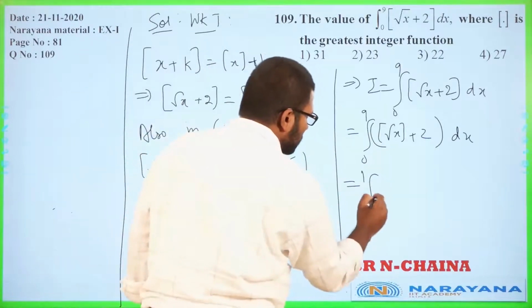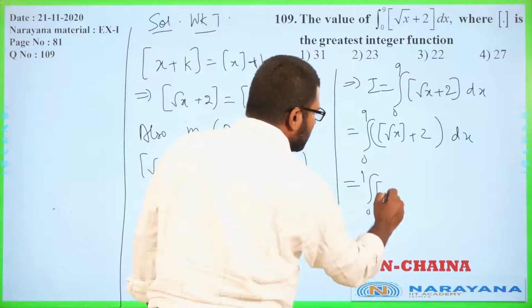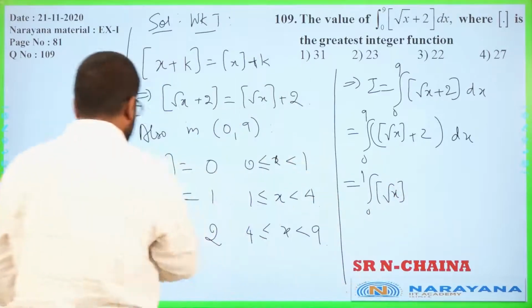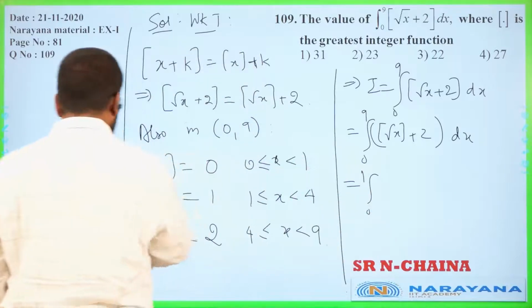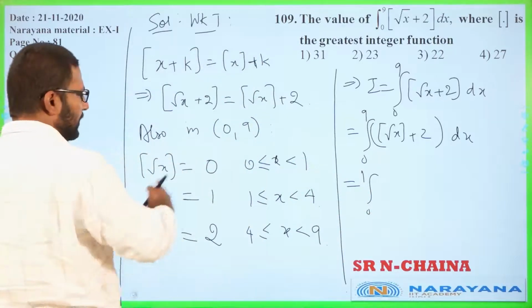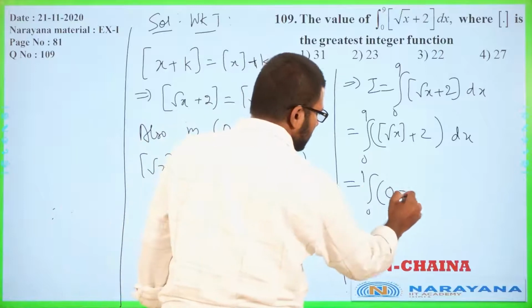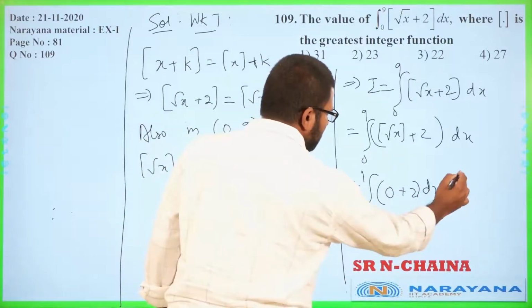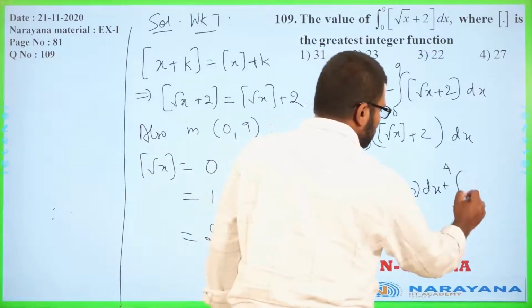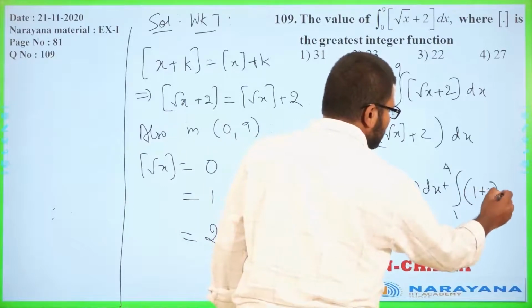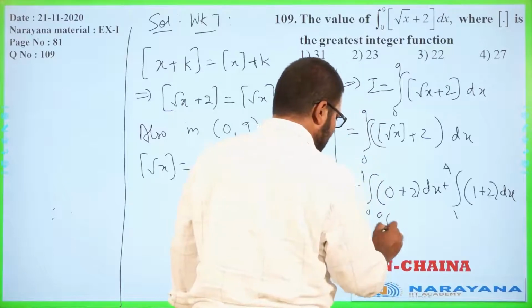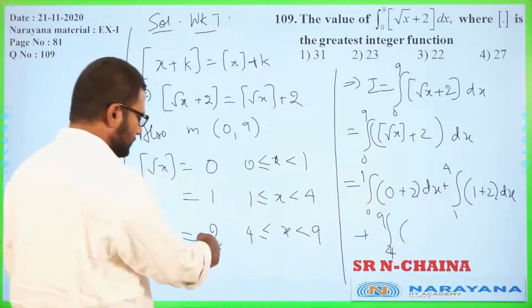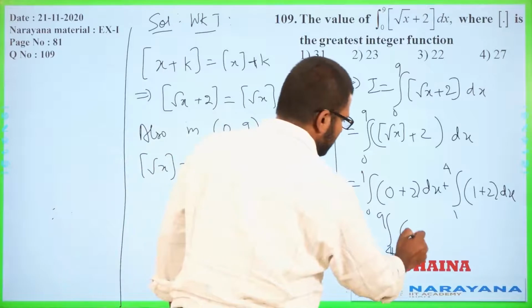So integral 0 to 1 of step root x; by now we have enough practice, so I can just substitute. In 0 to 1 this value is 0, plus 2 dx, plus integral 1 to 4 where this value is 1, plus 2 dx, plus integral 4 to 9 where this value is 2, plus 2 dx.